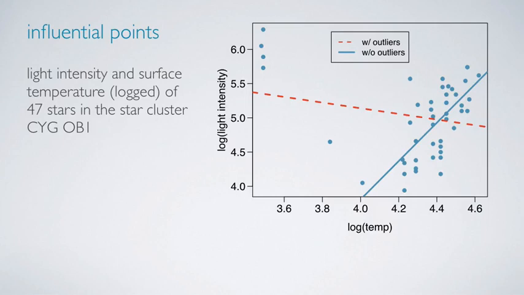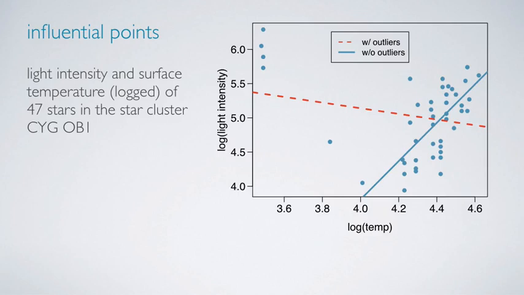And the red dashed line tells us how the regression model would look if we were to include the outliers. Those are the 4 stars with the lower temperatures. Obviously, the red dashed line is not a good fit for these data. So in this case, what we might want to do is actually split our data into two: those stars that have lower temperature and those stars that have higher temperature, and model the two groups separately.